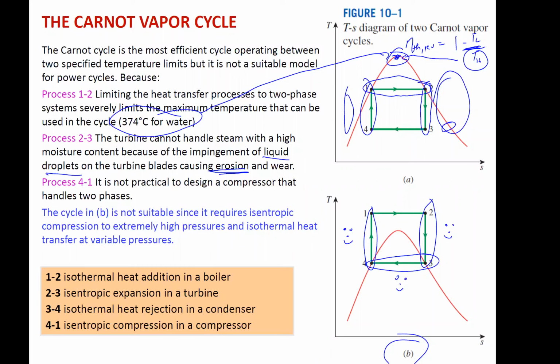But on this 1 to 2, it's an isothermal heat addition process that we're trying to do in a boiler, but the pressure is changing if you're using water throughout that. You're not changing phase anymore. That keeps the pressure the same. You're going through a whole bunch of pressures as you're trying to go from 1 to 2, and that's really not a very practical process with these variable pressures, at extremely high pressure.